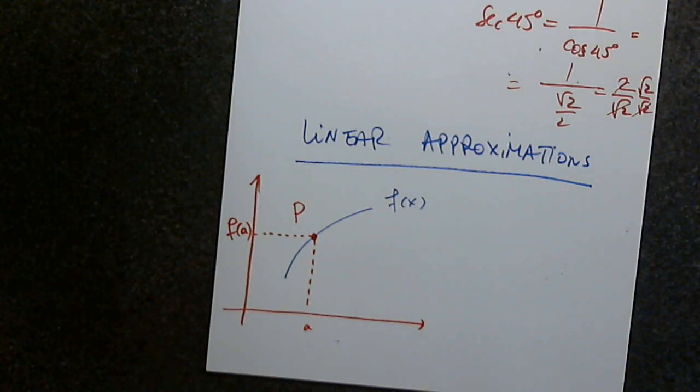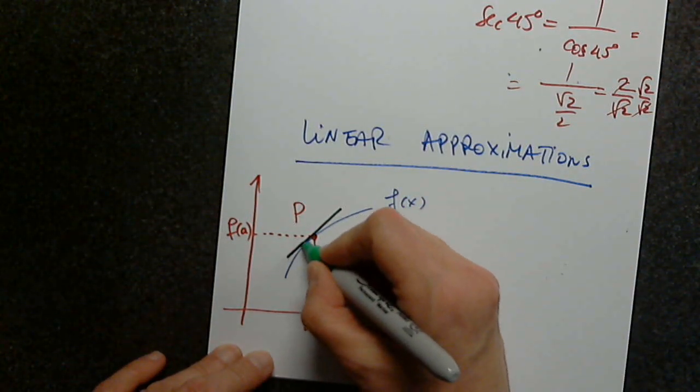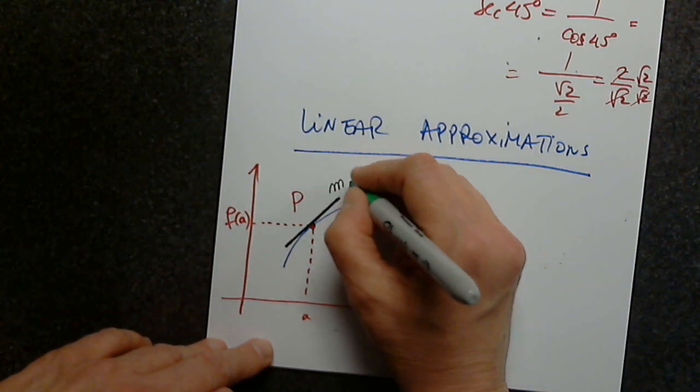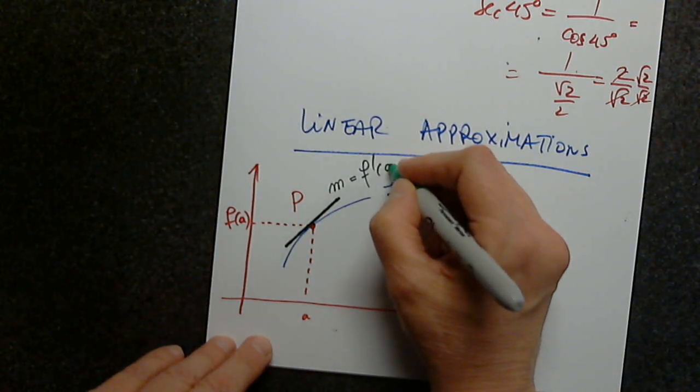And yes, it has to have connections to calculus, of course. I'm going to draw the tangent line at this point. I'm going to ask you what is the slope of this tangent line, and of course everyone will instantaneously say, thank you very much.